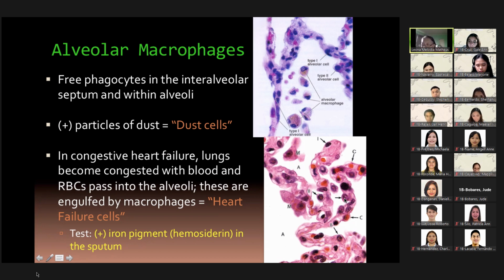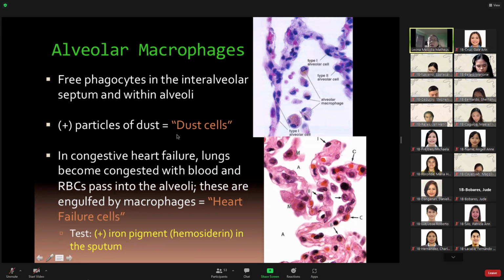This is also a macrophage, another one here. Remember, this is a macrophage. This eats up the dust particles that may enter into the lungs, and that is why they are usually called dust cells.